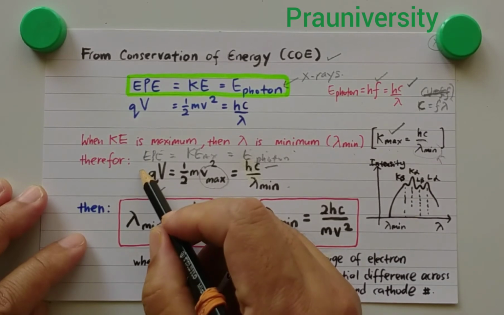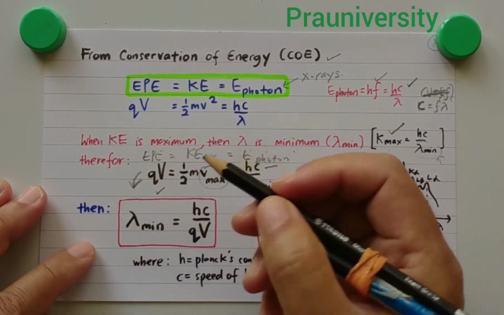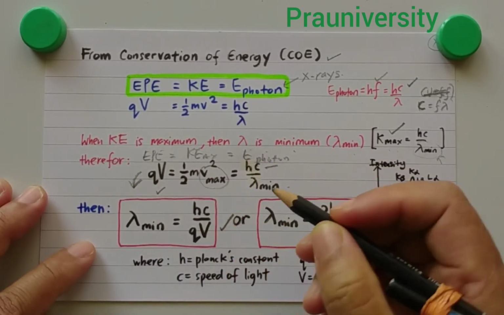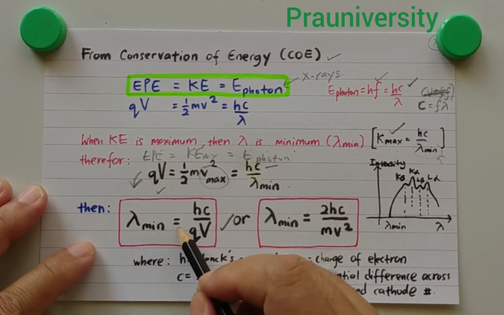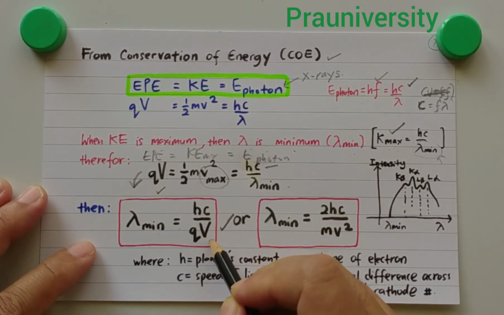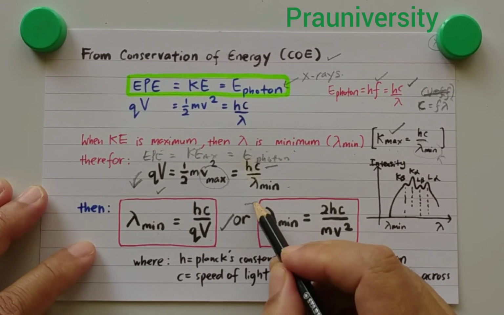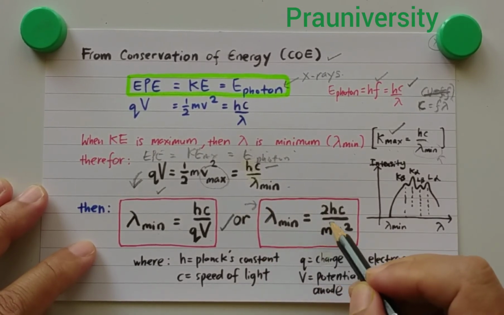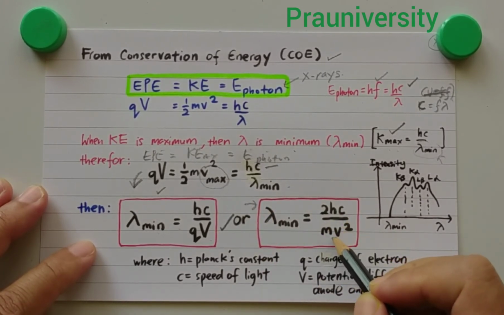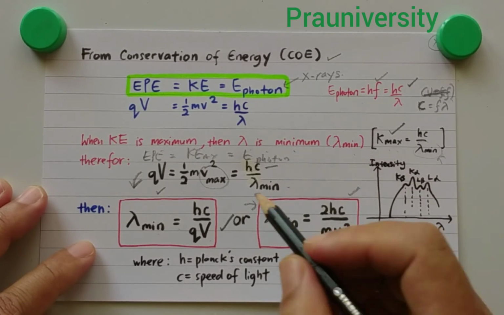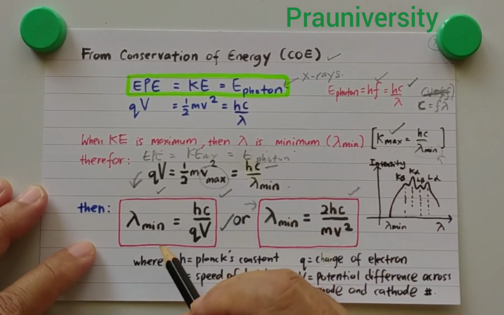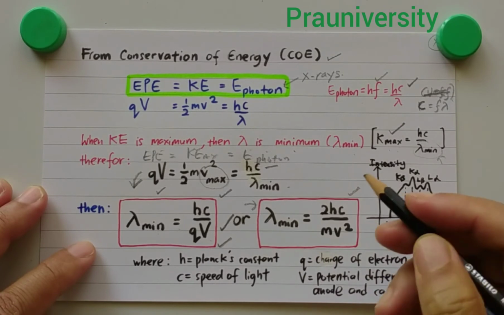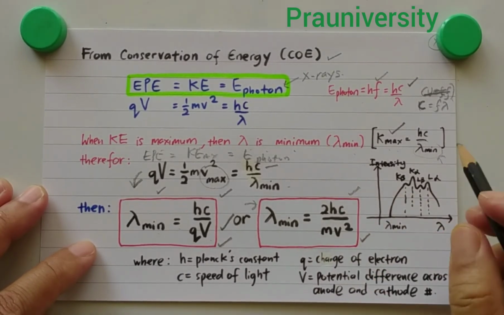And then we rearrange the equation, and then we get this equation: lambda min is equal to hc over QV, or we can write lambda min is equal to hc over half mv power of 2. Either you can write this equation or this equation.